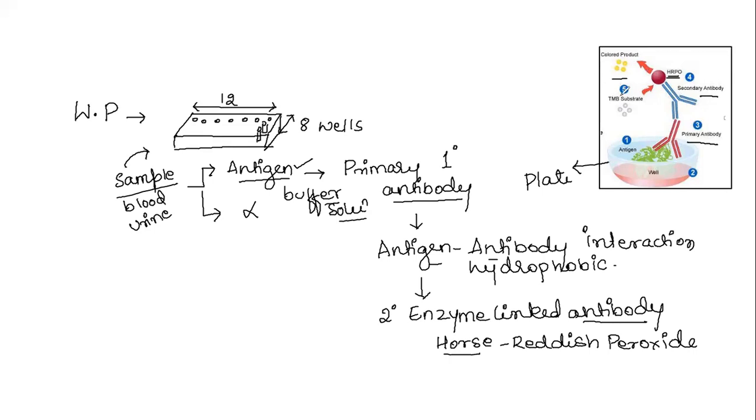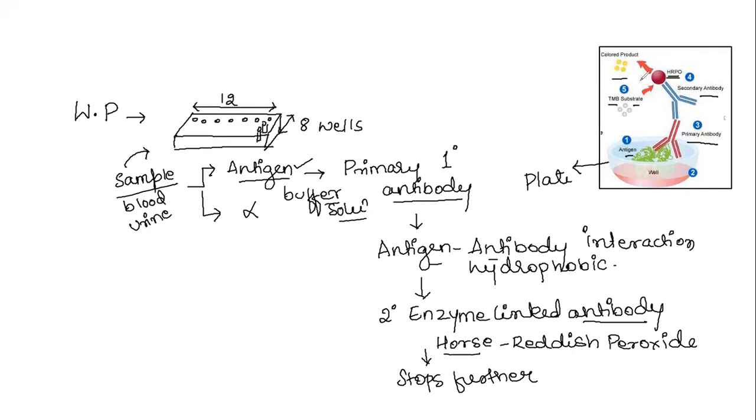Now, after this, a TMB substrate is added, because what it does is stop the further reaction. The further reaction between the antigen and antibody has to be stopped, and even between the secondary and the primary antibody, because there are other antibodies in the substrate we have been adding for finding the antigen.